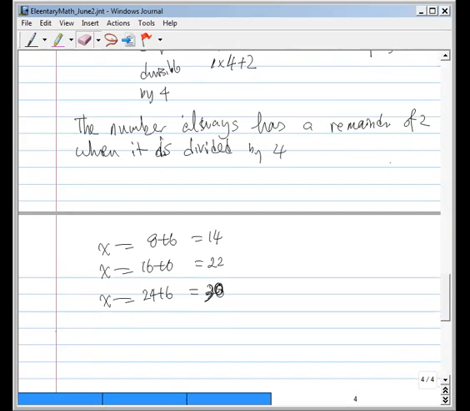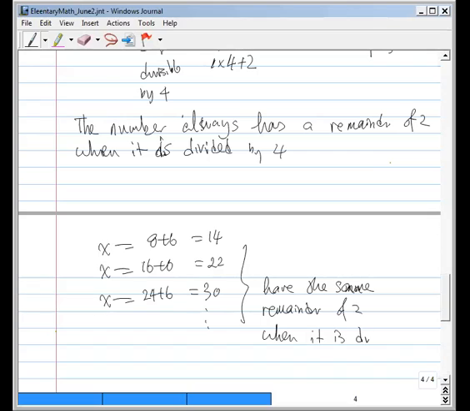So you should see that it's always a remainder of 2. So then you try to prove that in general, okay? So they all have the same remainder of 2 when divided by 4, okay?